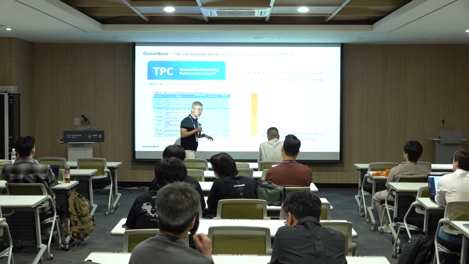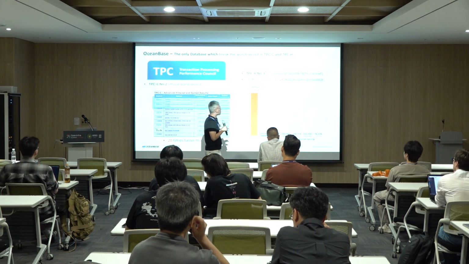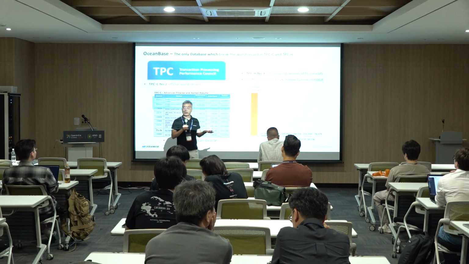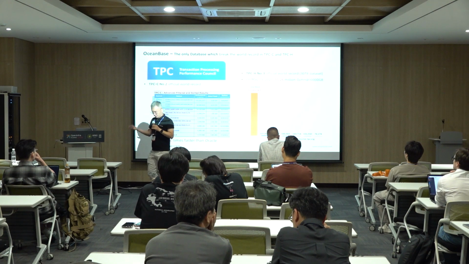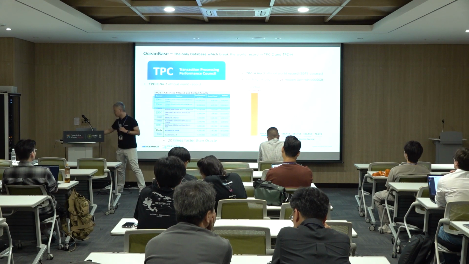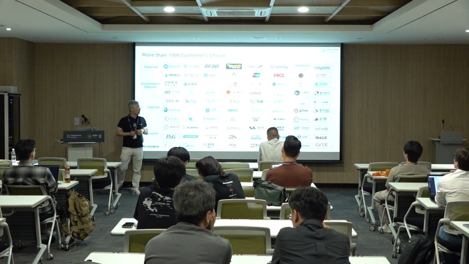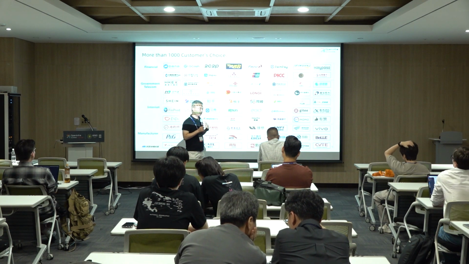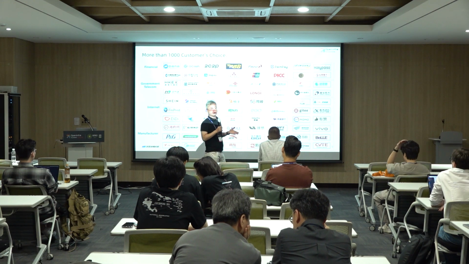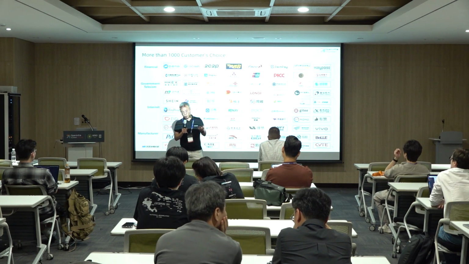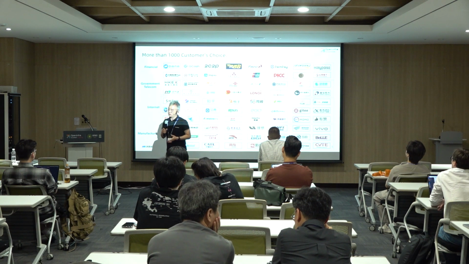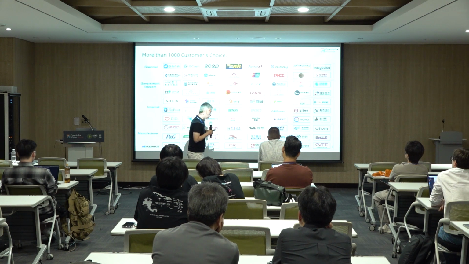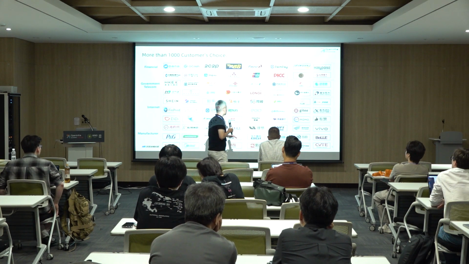In 2021, OceanBase obtained 15 million QPH in TPC-H, and we broke the world record. From 2019, we started to sell OceanBase. Till now, there are more than 1,000 customers. What's more, the number of our customers is growing very fast.